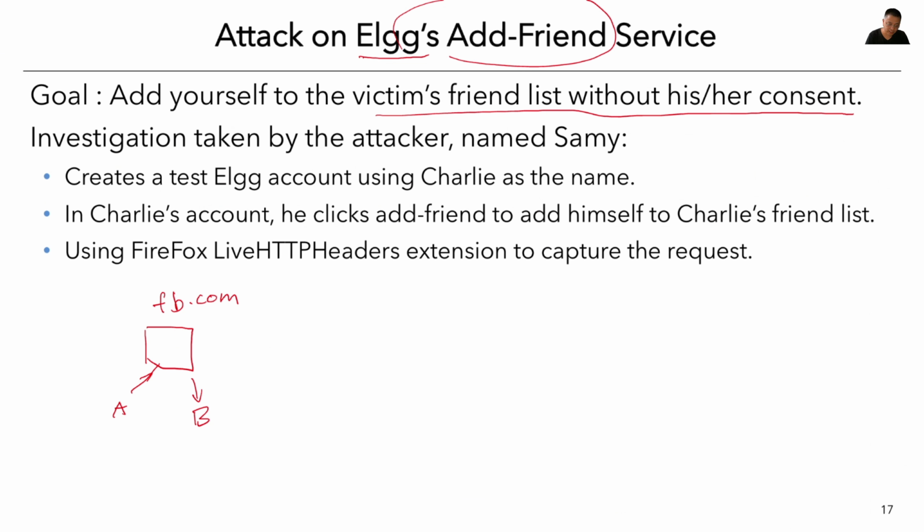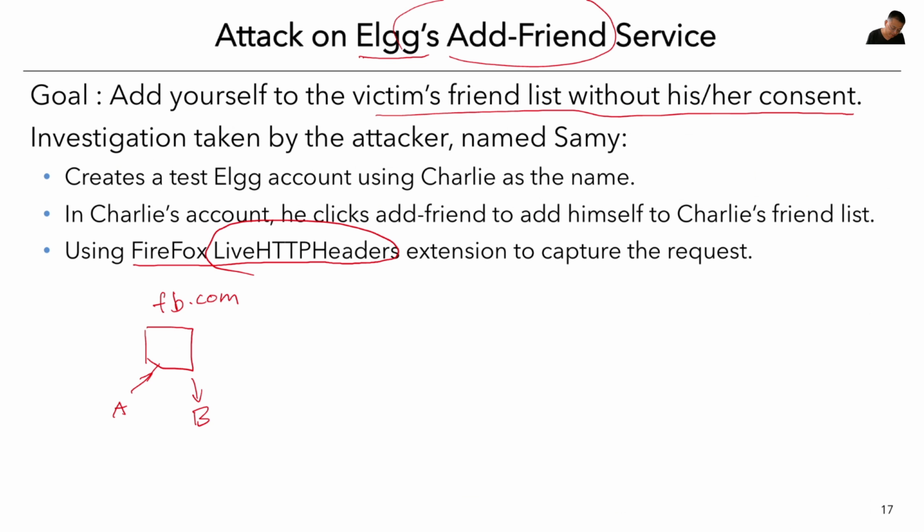Then you can do all kinds of experiments between those two accounts. You can add them as friends, delete them as friends, put some messages. During this process, you can look at what kind of data is exchanged by using, for example, a Firefox HTTP header extension to capture the request.